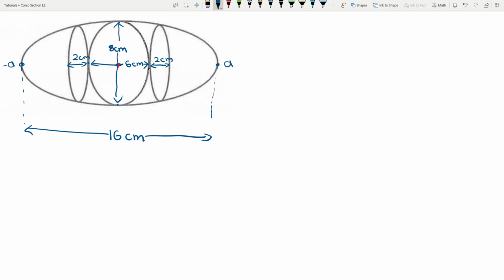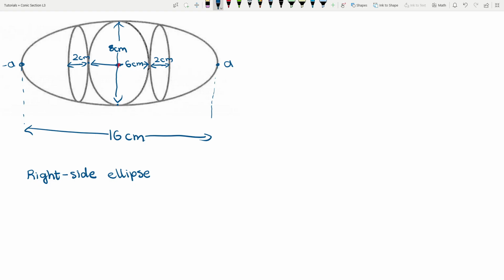Okay, so now we have worked out the outer ellipse and this middle ellipse. Now it's time to work out the small ellipse here, and this ellipse here. So let's work out the right ellipse first, on the right. So the center for this is actually not going to be 0, 0.